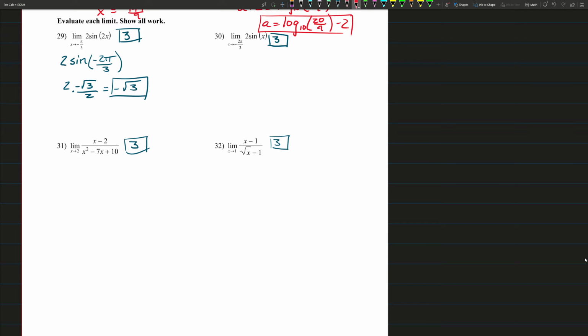Same thing for number 30. This is going to be 2 times sine of negative 2 pi over 3. It's the same thing. So this is going to be negative radical 3 again. I wouldn't count on that, but that's what it ended up being right now. So it's basically finding x but complicated. Wouldn't there be a negative?